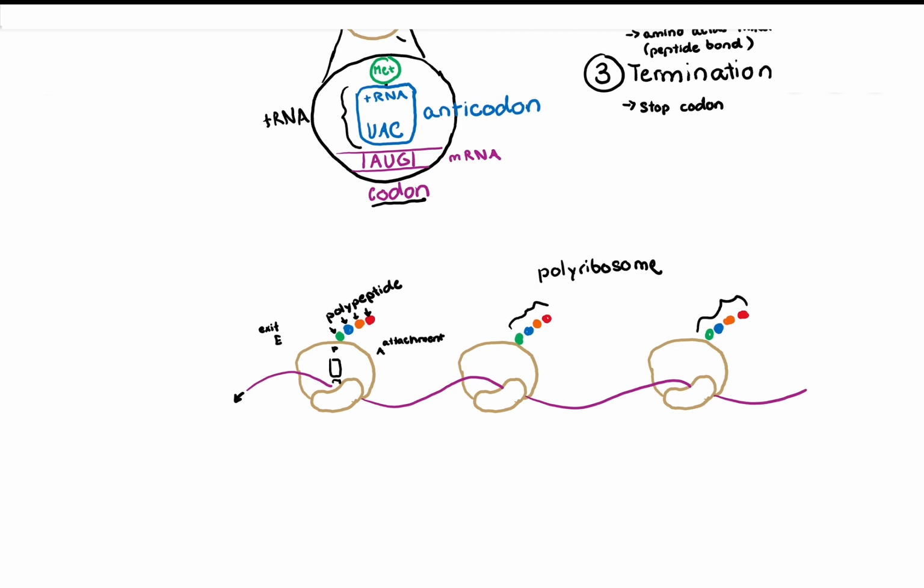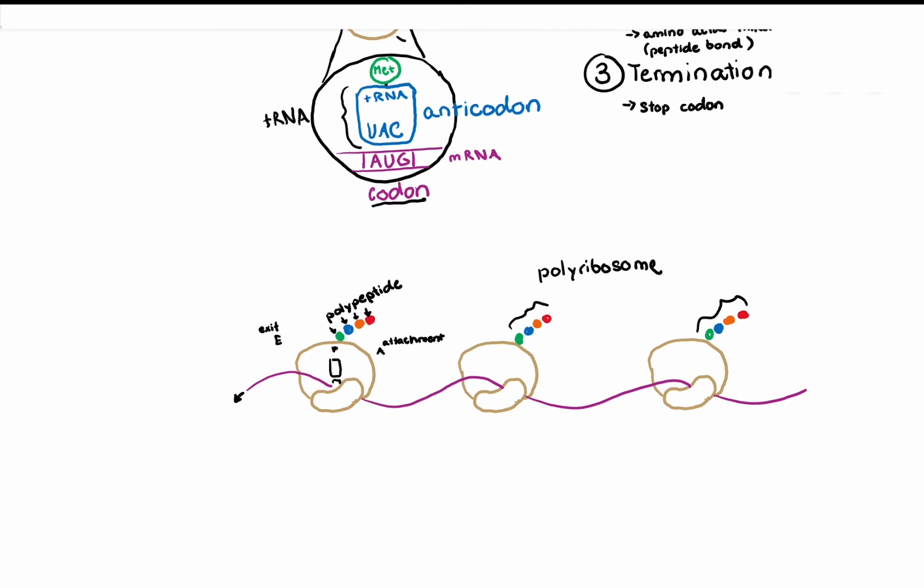So you don't need multiple of these mRNAs. Instead, you just use multiple ribosomes, and so the DNA is not accessed as much or tampered with as much, which also protects the DNA. So again, you have a polyribosome, many ribosomes acting on this mRNA strand, and you get multiple of these polypeptides.